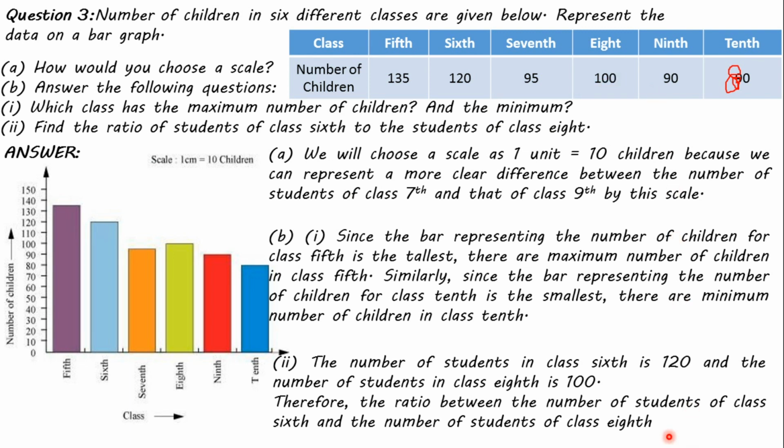After that you need to convert this into the simplest form and this will be your ratio. You have already done this in class 6th in the ratio and proportion chapter. If you have doubt about finding the ratio, you can ask me. If you have already done it, you can write your answers in the comment box.